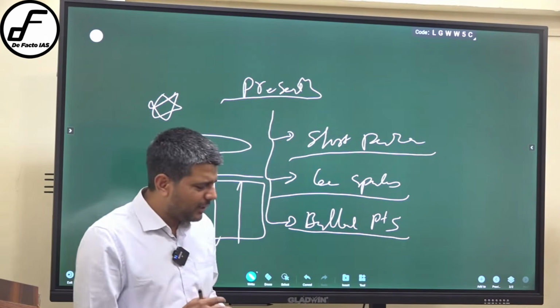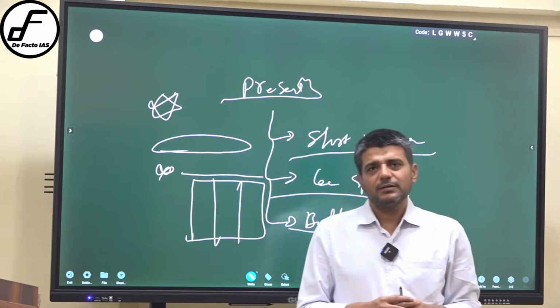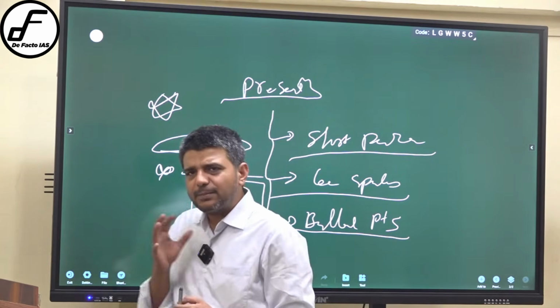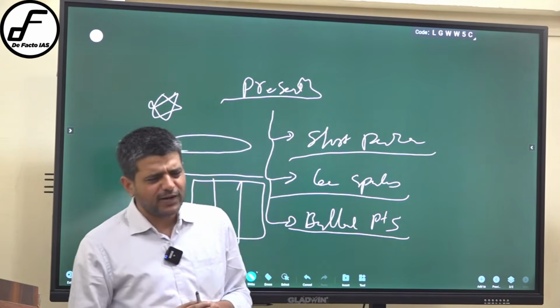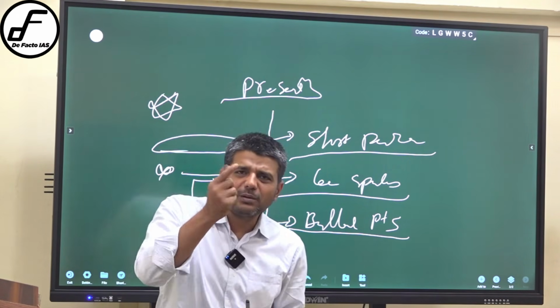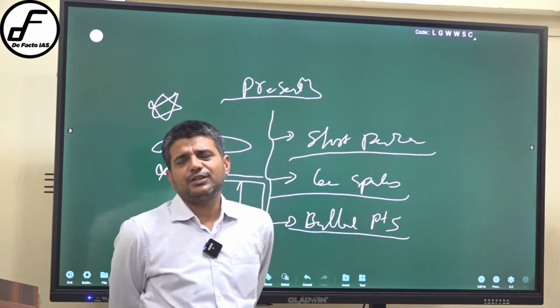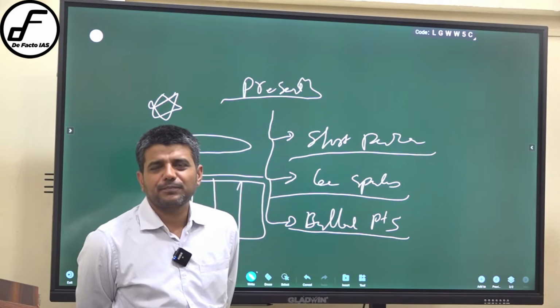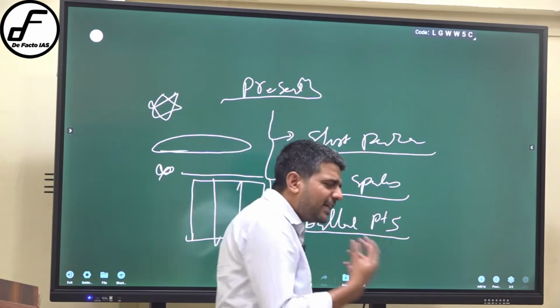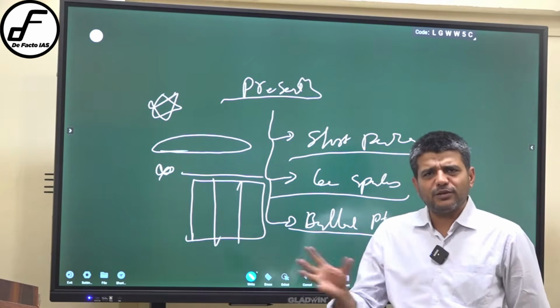Like for example, if a person gets 240 marks and the person who is getting 280 marks, you will find more or less the content is similar. That half to 1 mark difference that comes in every question is because of presentation and structure, okay.